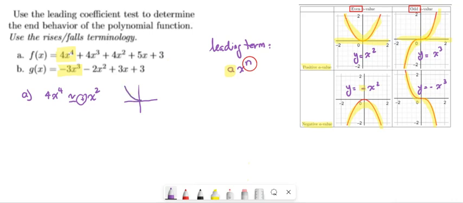The curve is going to go like this. So the end behaviors are how this part of the graph is behaving. We can see here on the right side, right and going up, and from the left side it's going left and going up as well.